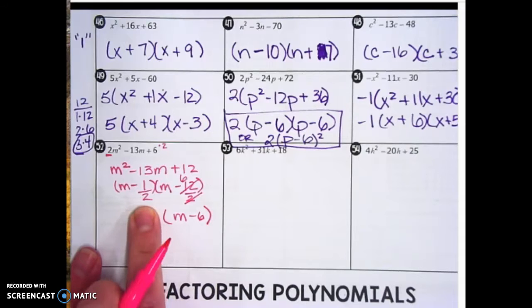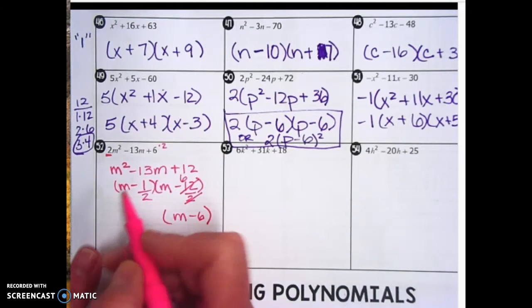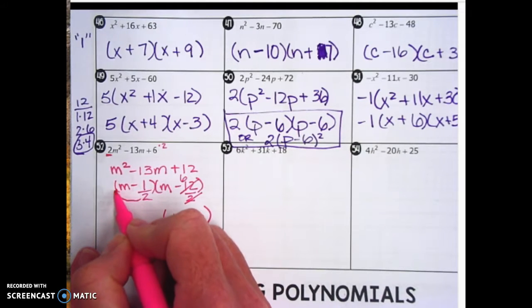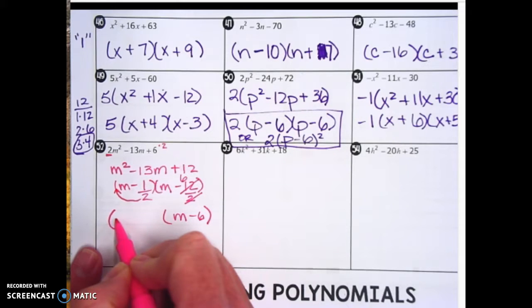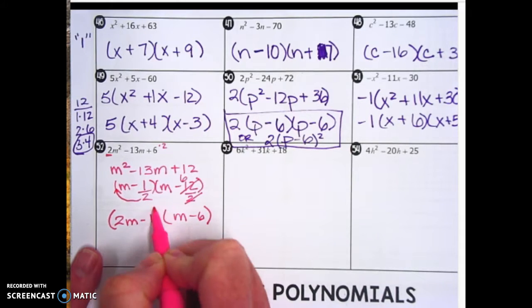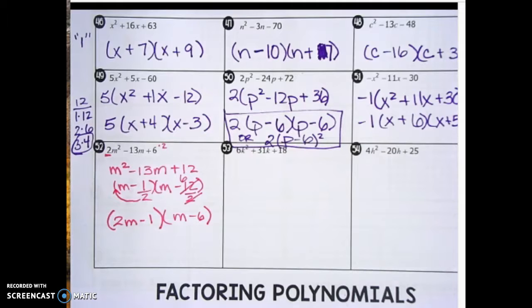But if it's going to remain a fraction, we need to slide it back over here, and this becomes 2m minus 1. And we end up with a leading coefficient on one of the binomials, sometimes 2 of the binomials.